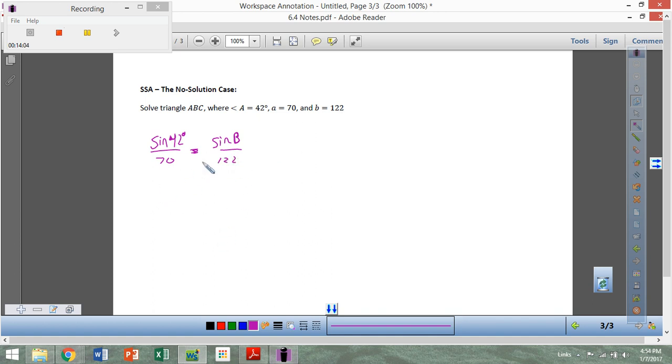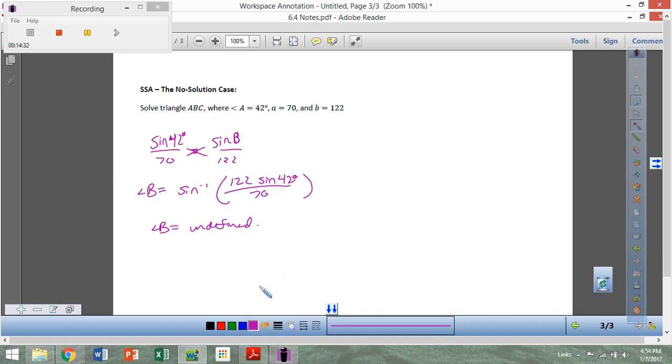And I do my cross products, and again I'm going to end up with angle B equals the inverse sine of something, and that something is going to be 122 sine of 42 degrees over 70. And if you type this into a calculator, it will tell you that angle B is undefined.